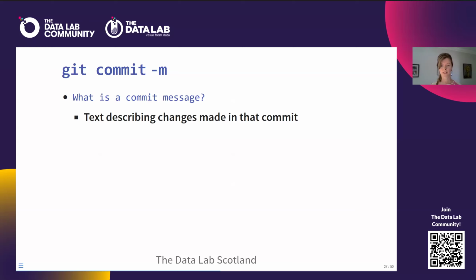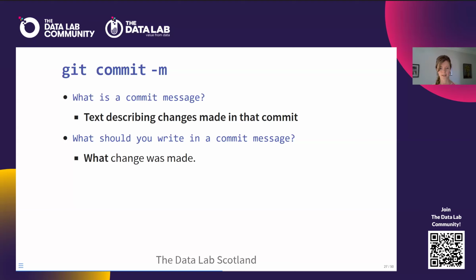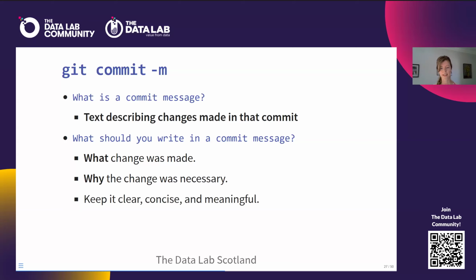So those snapshots that Joe was talking about, the text that describes those changes. And the things that you might want to include when you're writing your git commit message are things like what change was made, why the change was necessary, and try and keep it clear, concise, and meaningful.